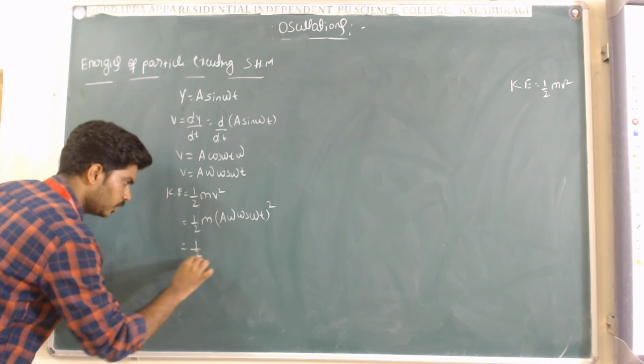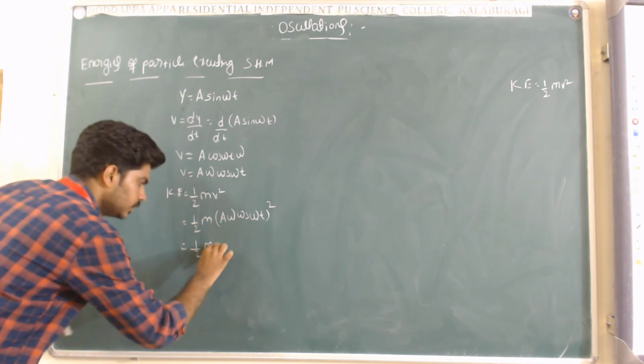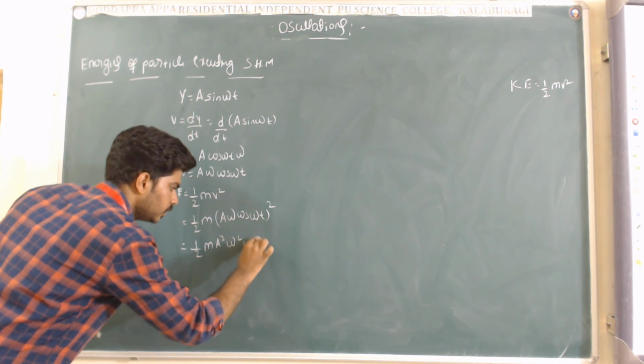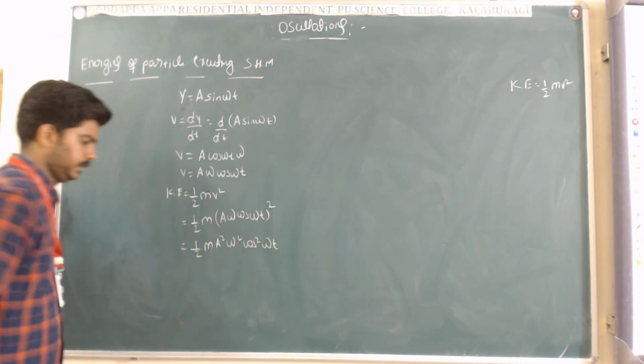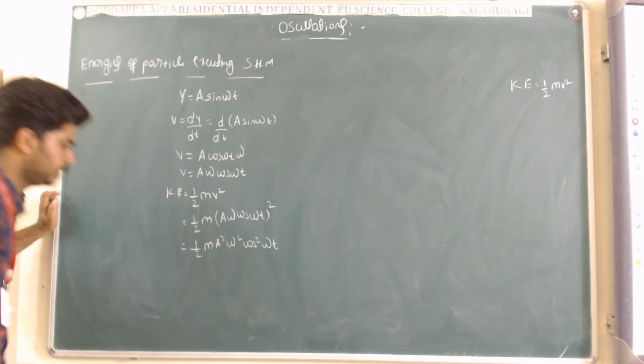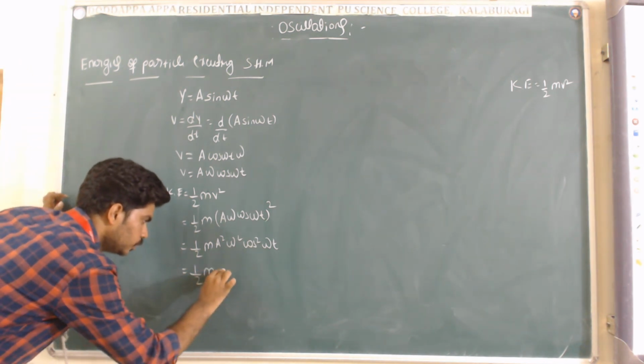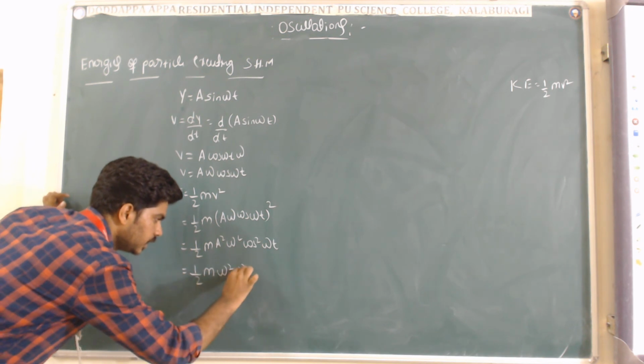So half m a square omega square cos square omega t. So 1 by 2 m omega square a square cos square omega t.